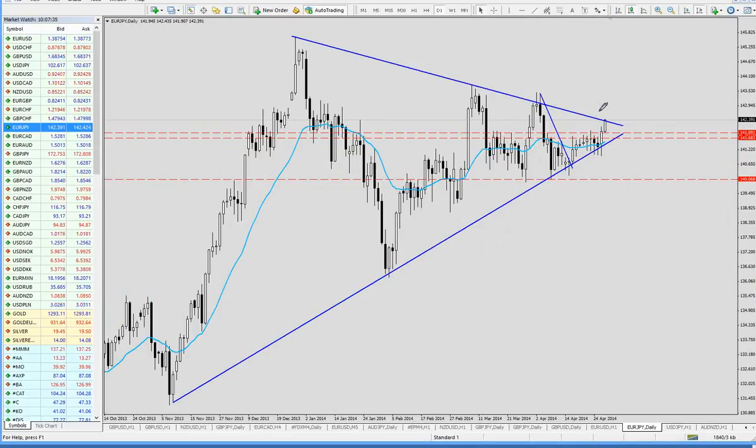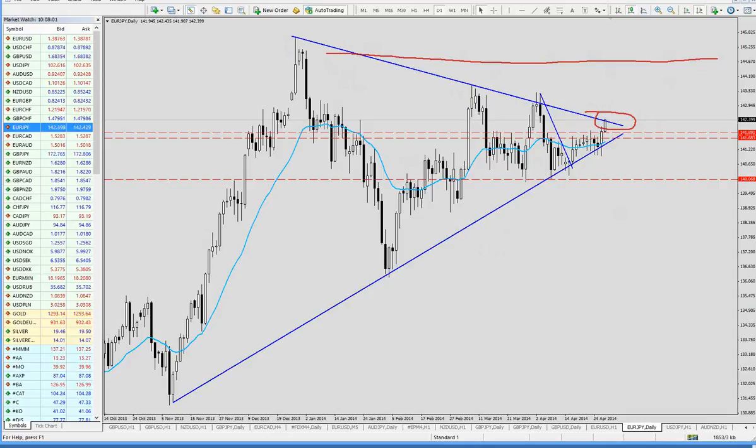So if we are going to have this breakout, I would say that we are going towards this level, so 145, so around 250 pips, and could be higher, but not because of euro. It's because of the weakness in the Japanese yen, I would say.